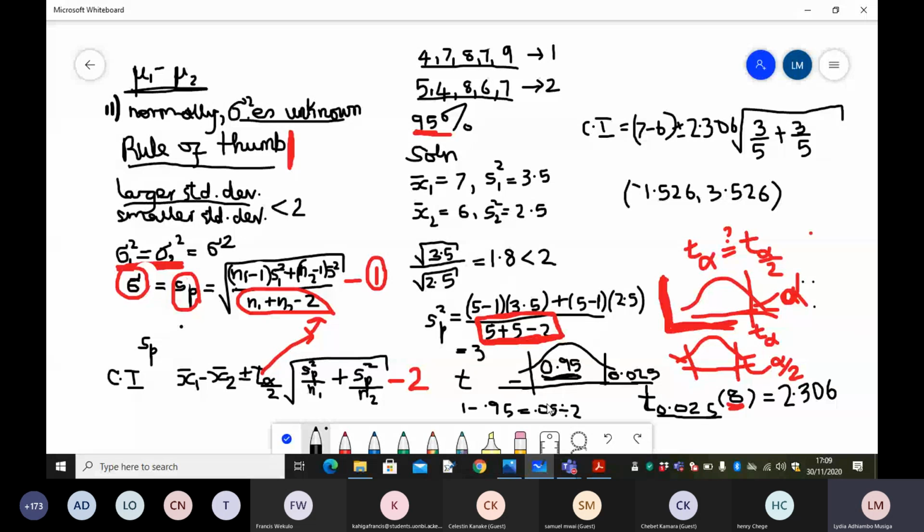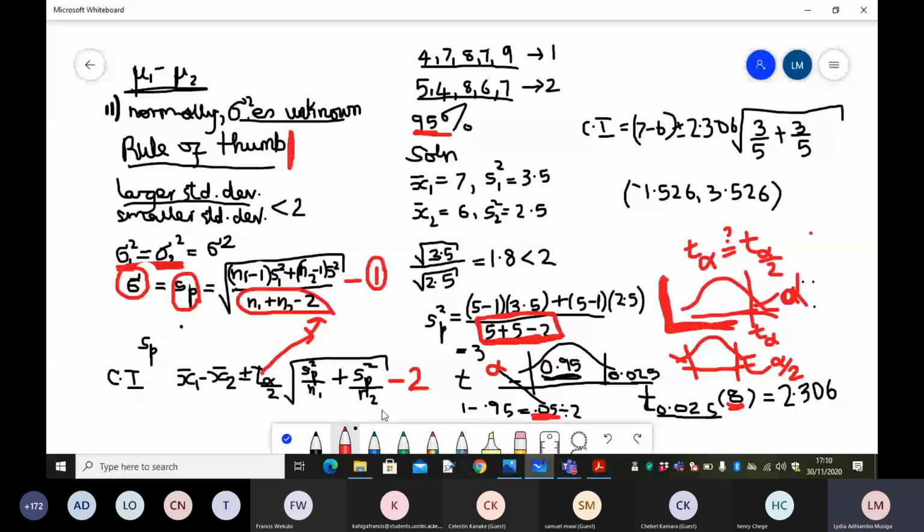This 0.05 is the one which is actually equal to alpha. 0.05 is alpha. Now, 0.05 divided by 2 is alpha over 2. You can see there in equation 2.